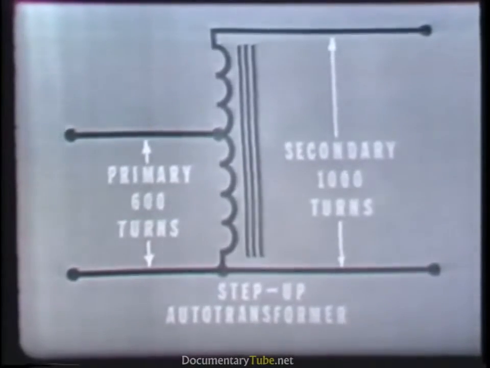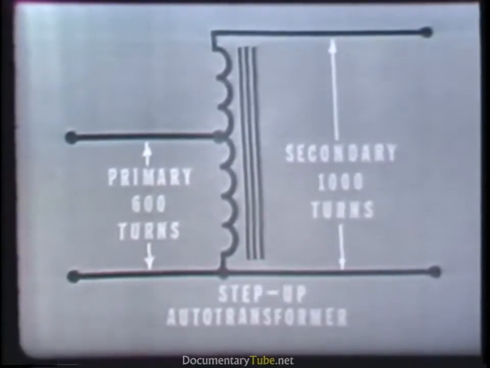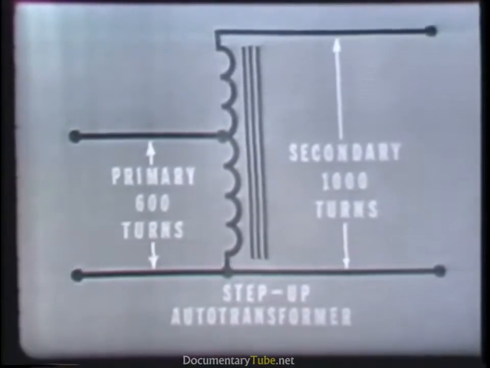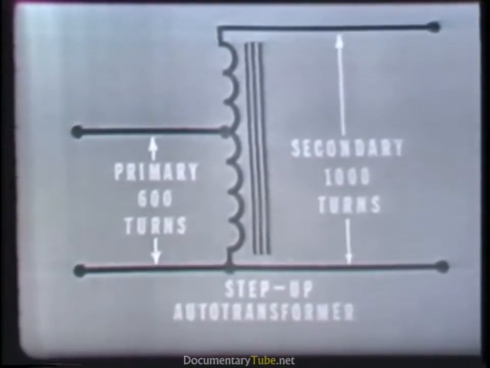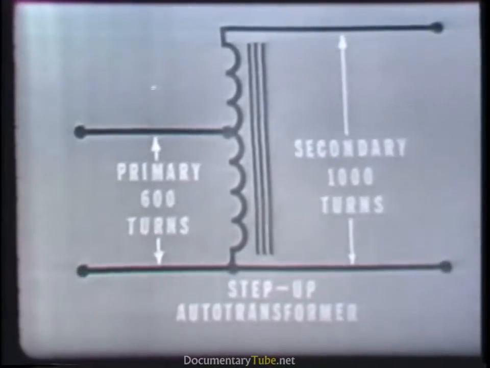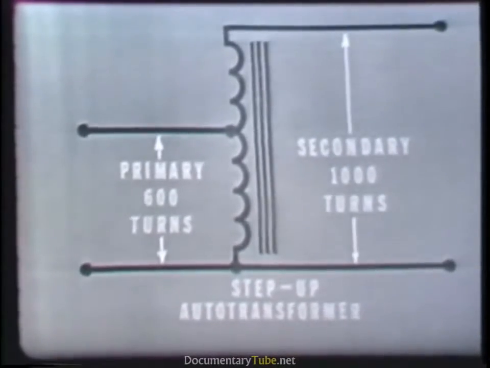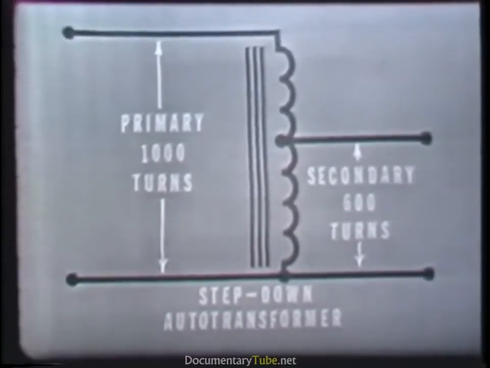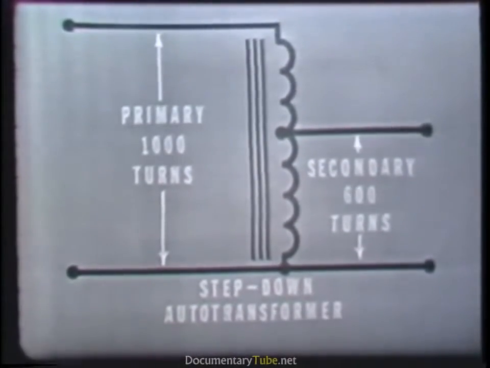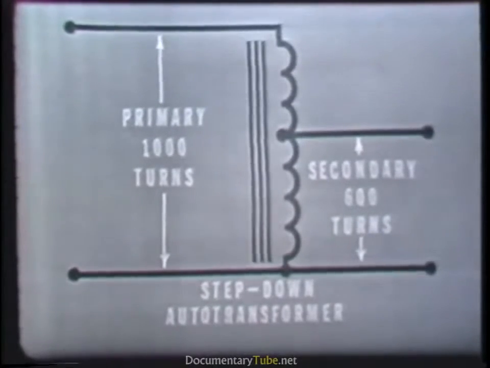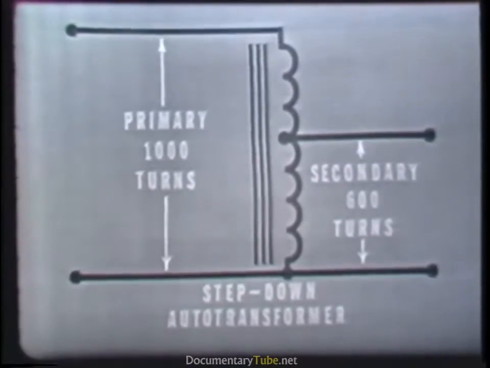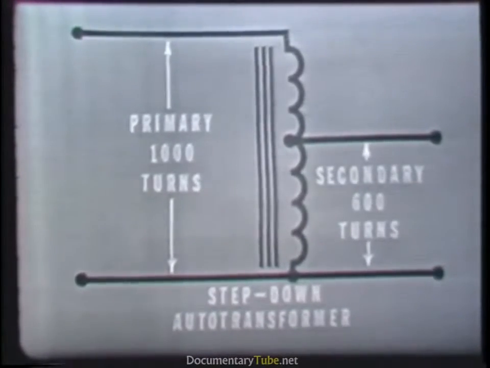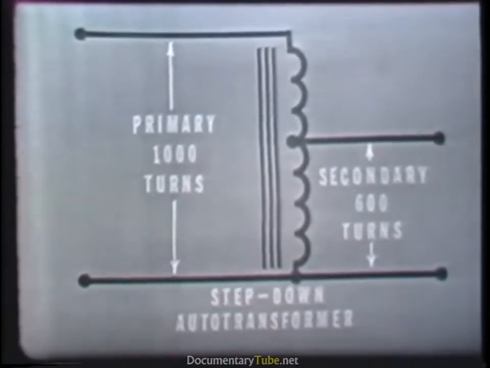Here you see that the winding has a total of 1,000 turns. 600 of these turns serve as the primary, while the entire 1,000 turns serve as the secondary. Now, when an auto transformer is used as a step-down transformer, all of the secondary winding is part of the primary winding. Here we see now that the entire 1,000 turns are serving as the primary, while only 600 are serving as the secondary.